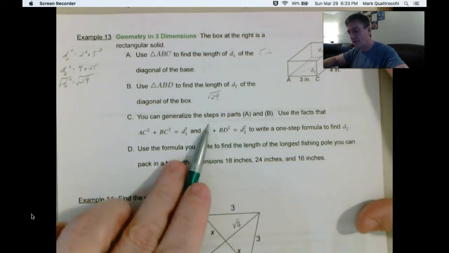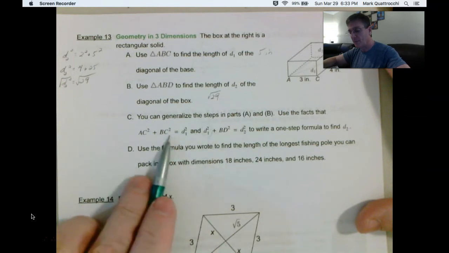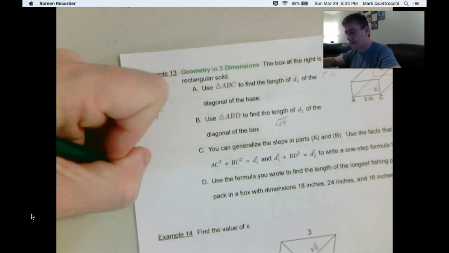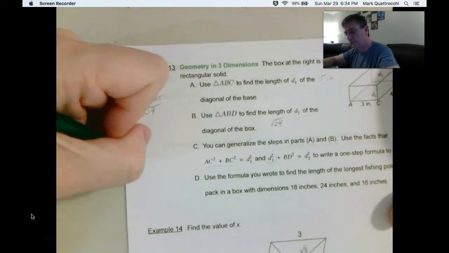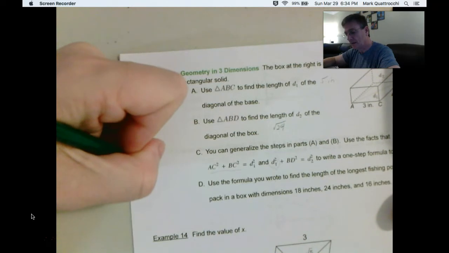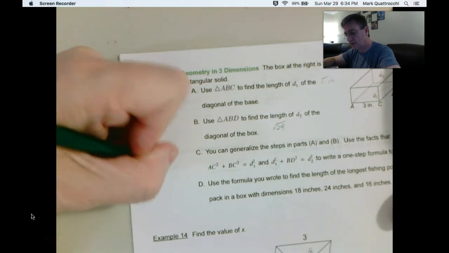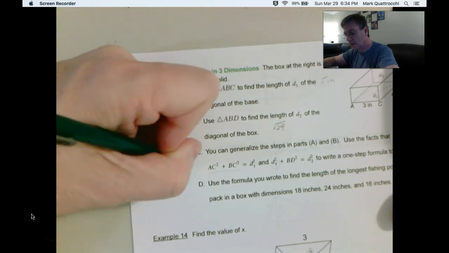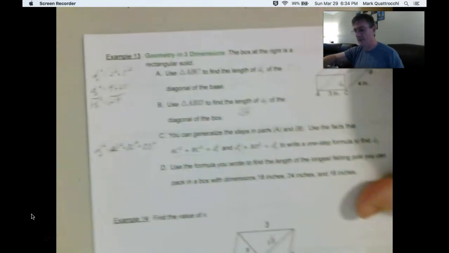D1 squared here can be replaced with this, which means that D2 squared is equal to AC squared plus BC squared plus BD squared.